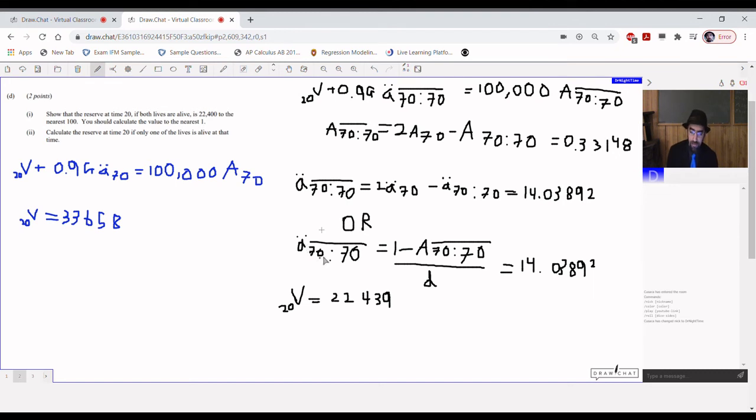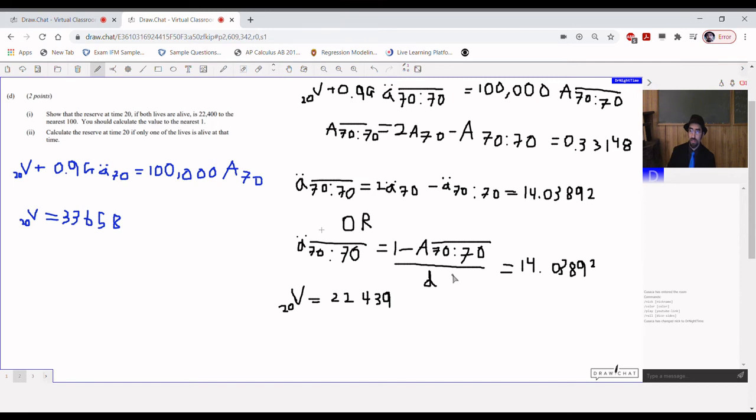A double dot 70:70 bar equals 1 minus big A 70:70 bar over d. Hopefully you've seen that formula to death and have it committed to memory by accident by now. But just in case you haven't, after I'm done with the Woolhouse formula video, I'll have another video explaining where that one comes from.